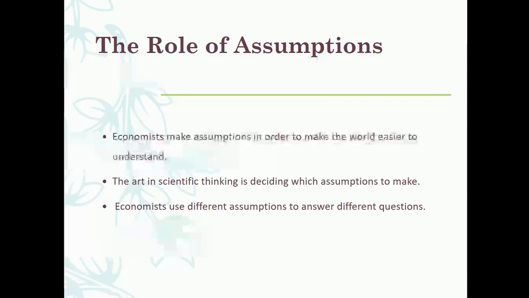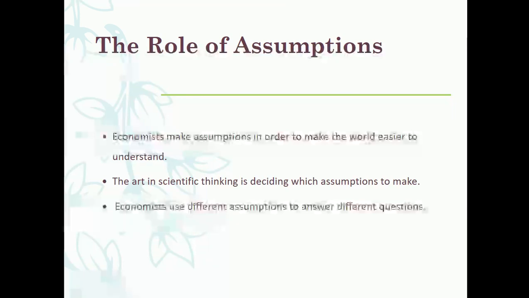So, economists use different assumptions to answer different questions. If we would like to explain the relationship between money and inflation, we have to make certain assumptions. If we want to explain the relationship between growth and poverty, again, economists have to make assumptions to explain the relationship between poverty and growth.